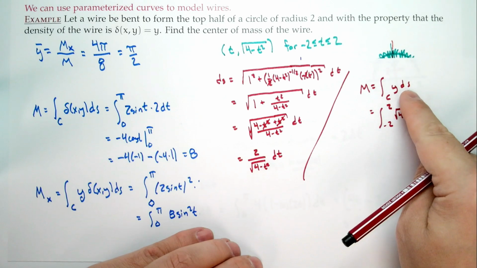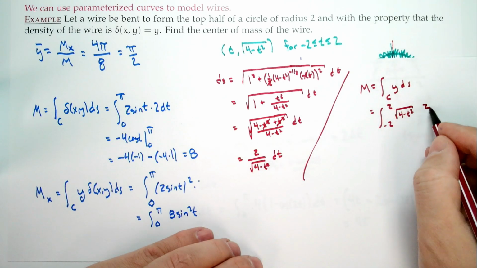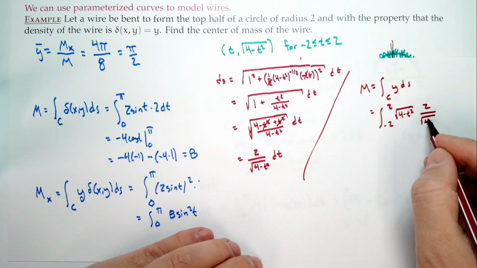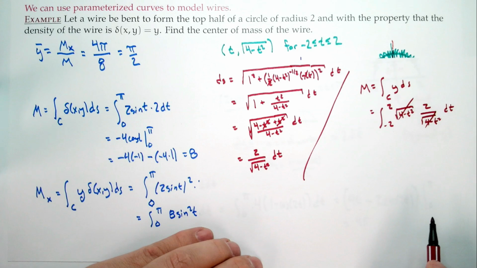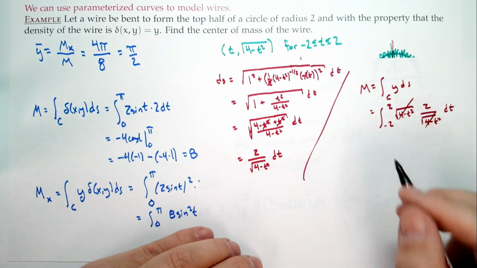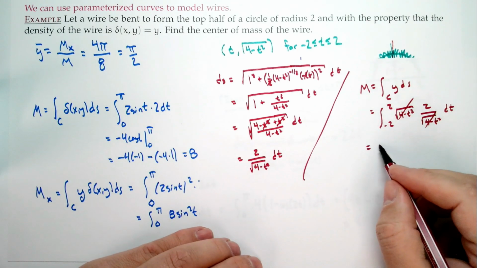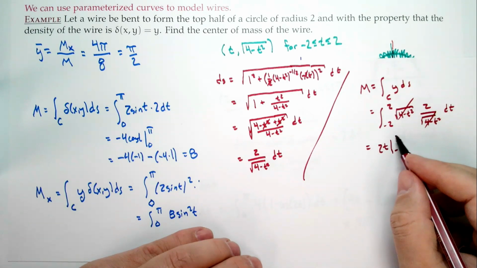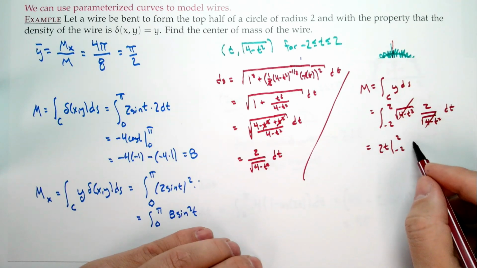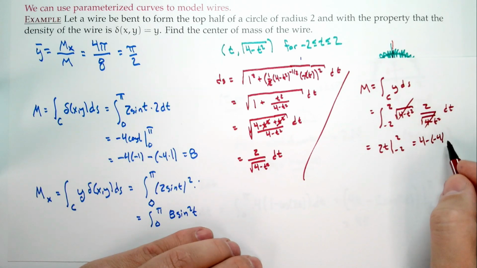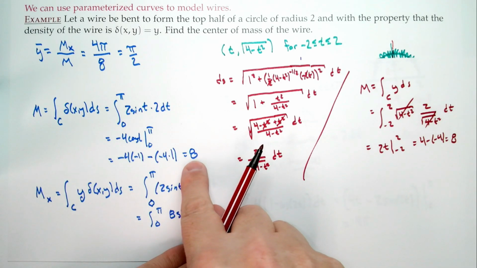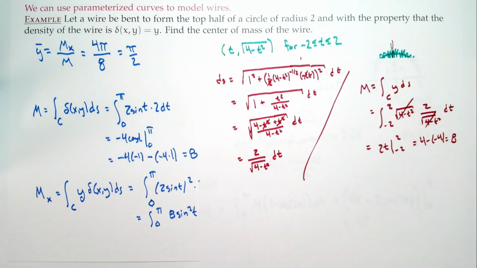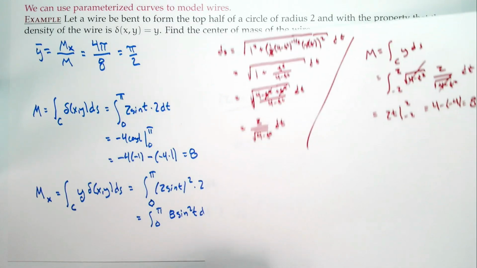Our ds is 2 over square root 4 minus t squared dt. Well, those cancel. So it's just integrating 2. That's not so bad. Indeed, this becomes 2t. If I went from negative 2 to positive 2, that will be 4 minus negative 4, which is 8. Notice it's the same as before. Coincidence? No, of course not. Now, let's do the m sub x.